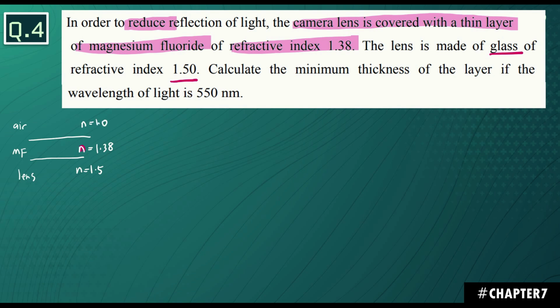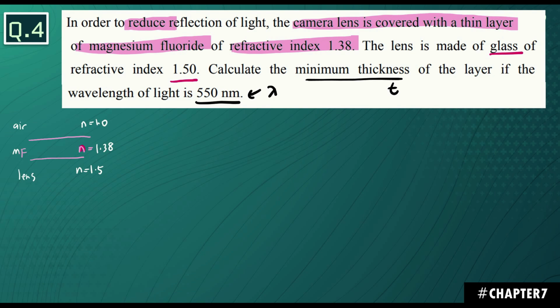So this is our thin film, the middle here is our thin film. Calculate the minimum thickness t of the layer if the wavelength, so we have this value of wavelength.